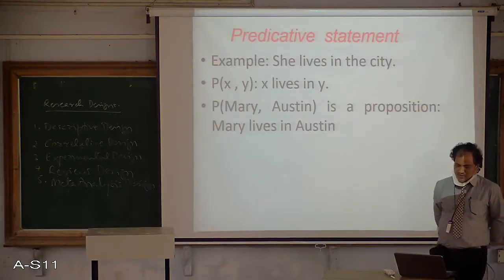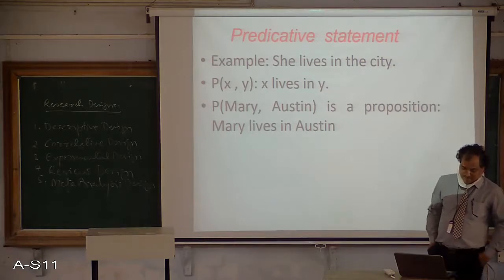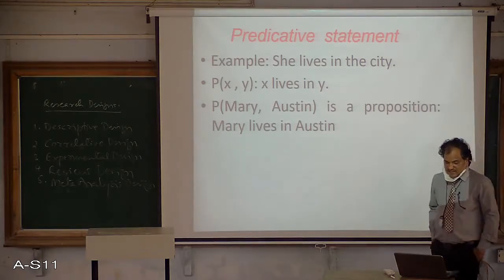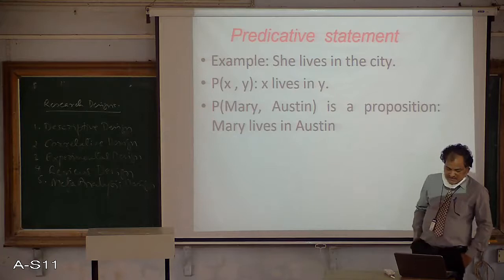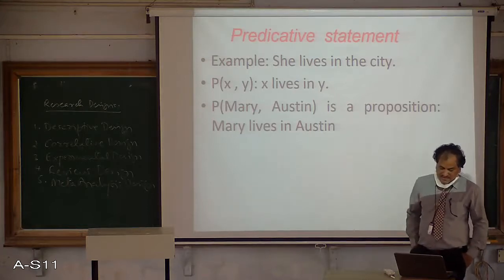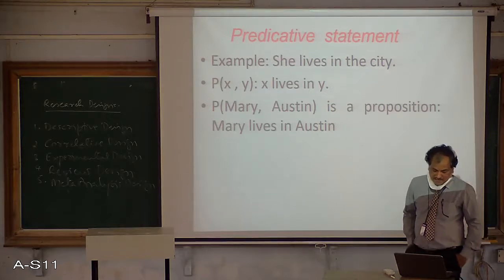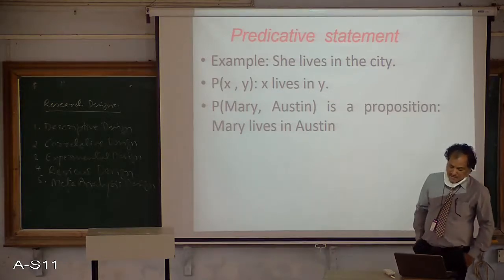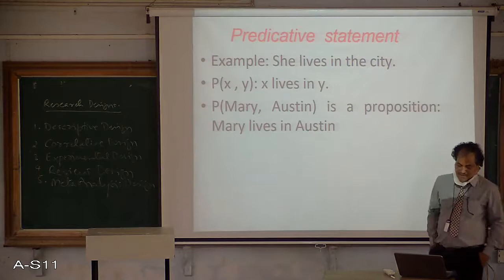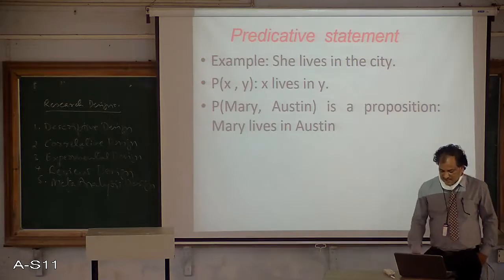Just to have an example, she lives in the city. That is, x is she and city is y. So x lives in y. For example, x can be Mary or anybody, and y is the name of the city, that is Austin. Mary lives in Austin is a predicative statement.